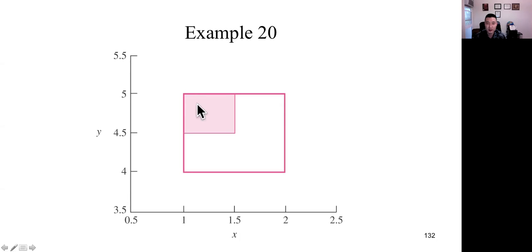So the thickness and diameter fall within that red rectangle. The first part is to find the probability that the thickness is between 1 and 1.5 and the diameter between 4.5 and 5, which is this pink area. We calculate this area, which will give us the probability. Let's do that together.